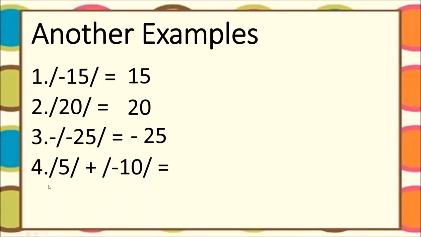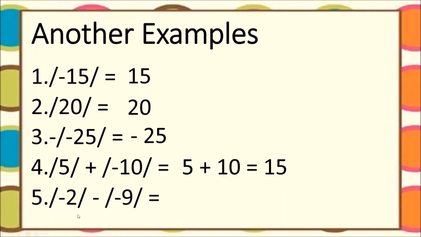So example, absolute value of 5 plus absolute value of negative 10. So it is equal to, ang absolute value ng 5 ay 5. At ang absolute value ng negative 10 is 10. So 5 plus 10 is equal to 15. So ganito po kung paano natin isimplify ang absolute value.